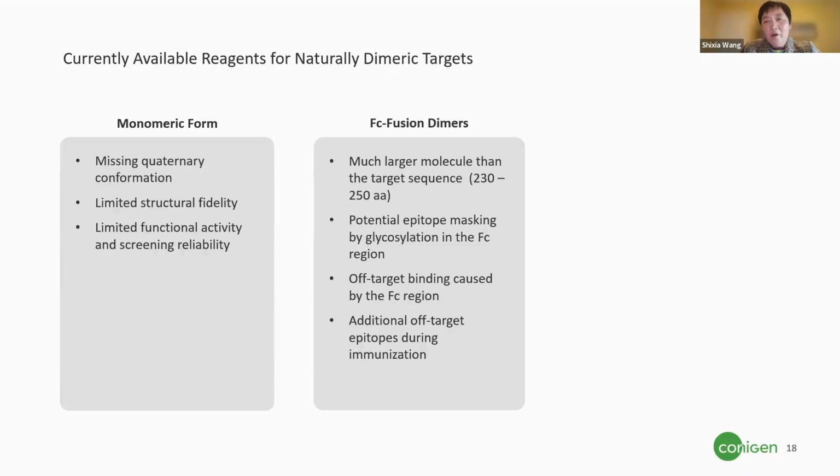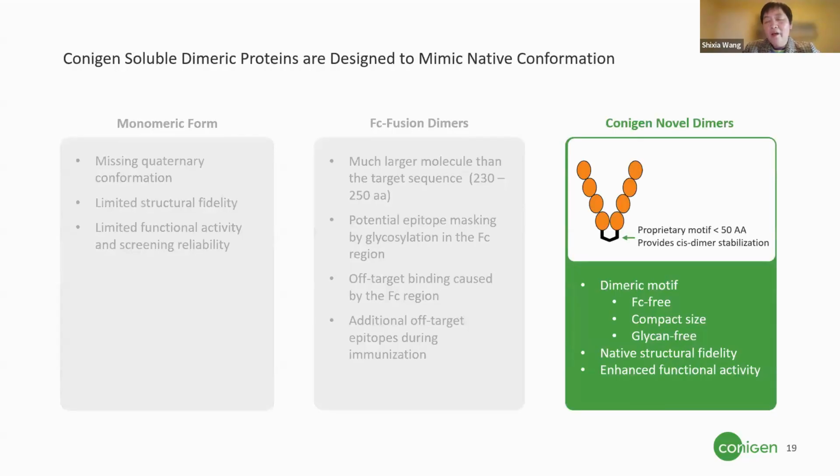To solve this problem, at Conigen, we designed a novel dimeric motif. This motif is very compact, very small, less than 50 amino acids, and Fc-free and glycan-free, so it will not cover any of the epitopes. We have demonstrated that this dimeric protein platform can produce native structure fidelity and enhance functional activity.